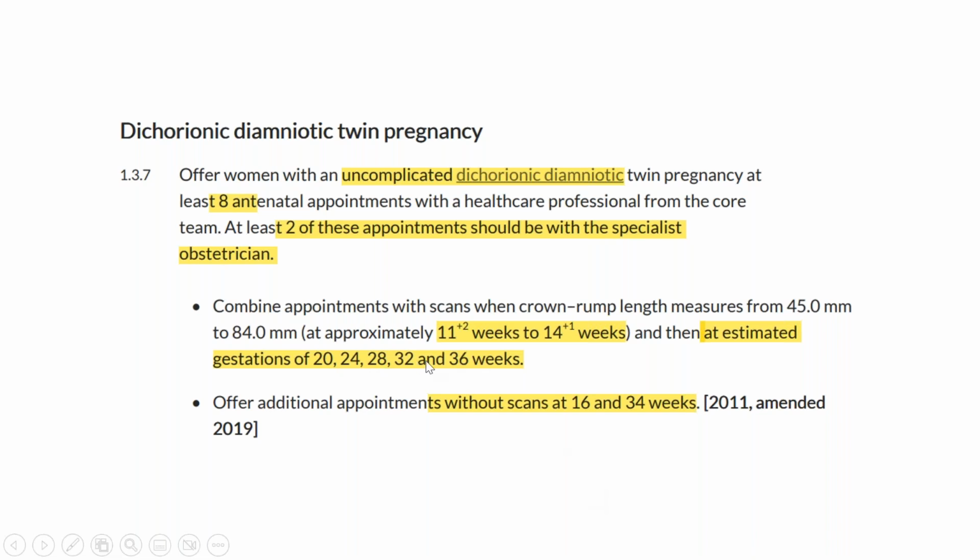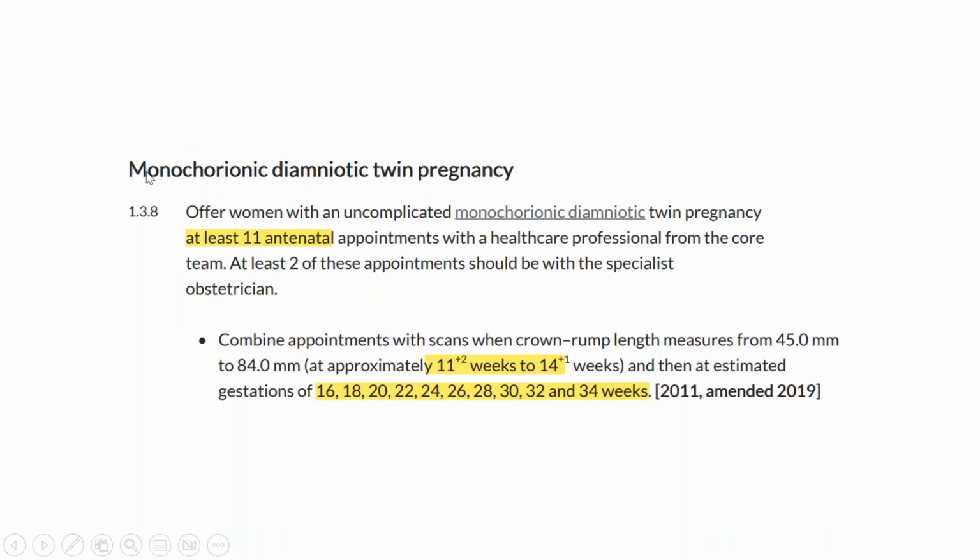Without a scan, they need an additional appointment between 16 to 34 weeks. So that means the total number of dichorionic diamniotic pregnancy appointments is 8. In the case of monochorionic diamniotic twin pregnancy, the total number of appointments will be 11.